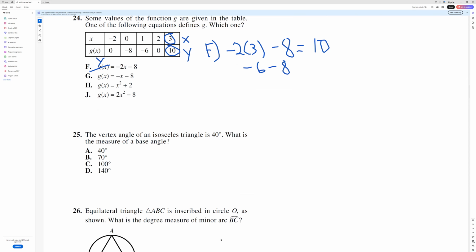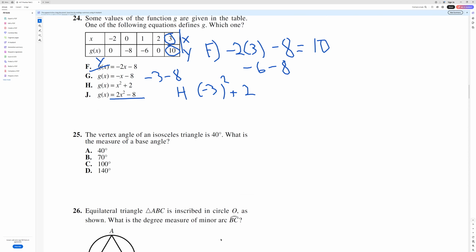Let's try G. -3 minus 8 is not going to give us that. X squared would be 9 minus 8. -3 squared for H. -3 squared plus 2 is 9 plus 2, that's 11.